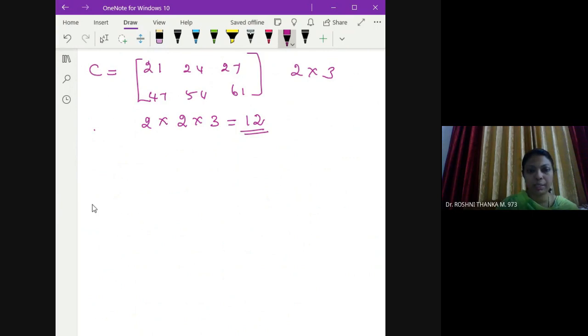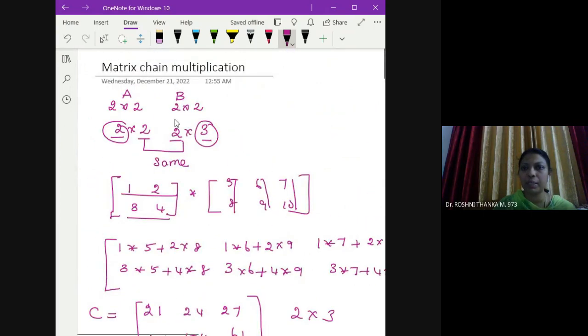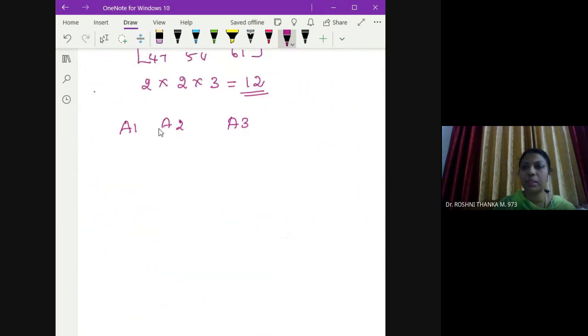Let us take three matrices. Let them be the A1 matrix, A2 matrix, and A3 matrix. So I have named the three matrices A1, A2, and A3, as I named them A, B before.